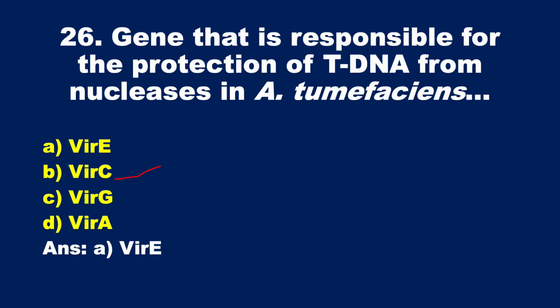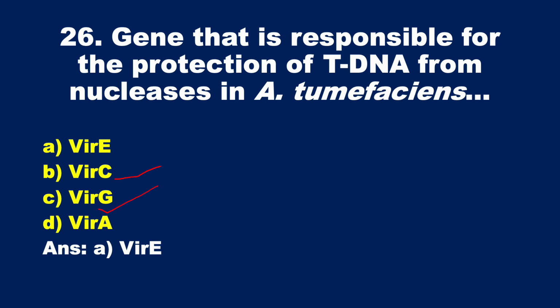Besides that, the VIR-C gene and its encoded protein are crucial components of the infection process. It enables the bacterium to transfer the T-DNA into the plant host and cause crown gall disease.